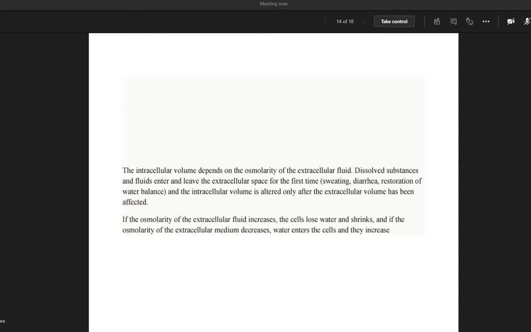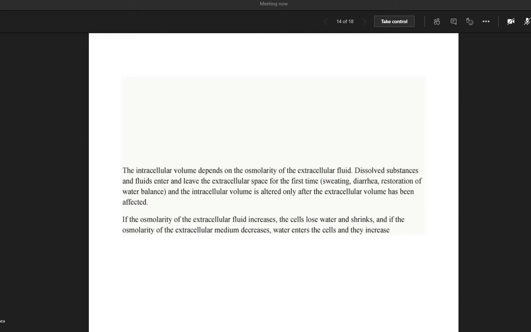The volume will decrease. And this happens, as I told you, during sweating or diarrhea or vomiting. On the other hand, when the osmolarity of the extracellular volume decreases, things are different.